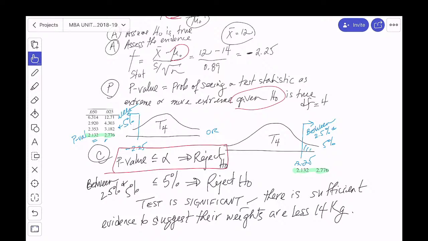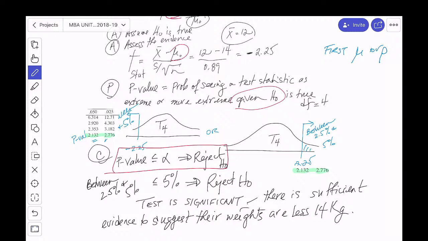So when you read problems, you have to first determine, is this problem about proportion or is it about the mean? Next, if it's about the mean, do you know sigma? So the things to ask yourself, let's just say first, is it about mu or about proportion?